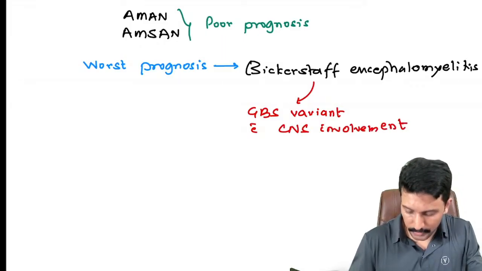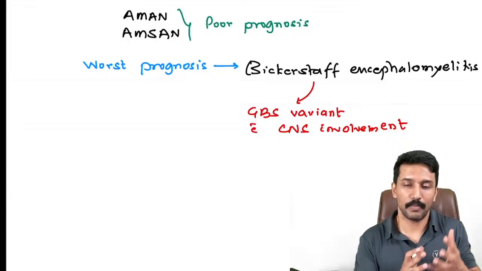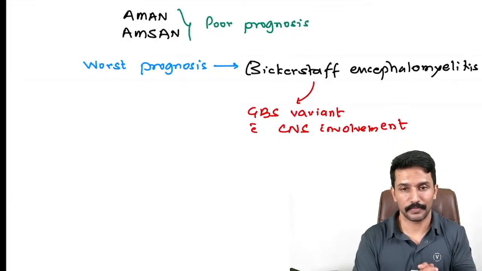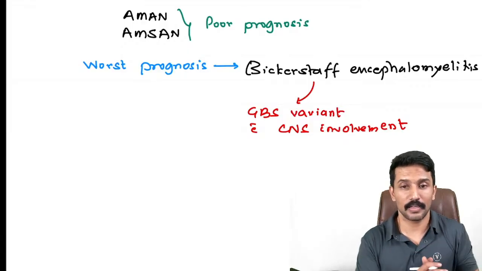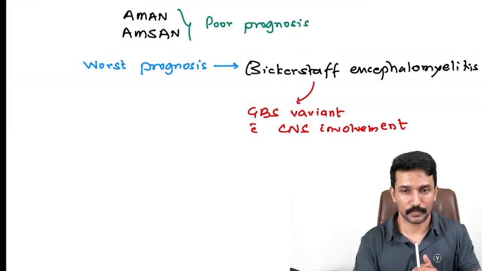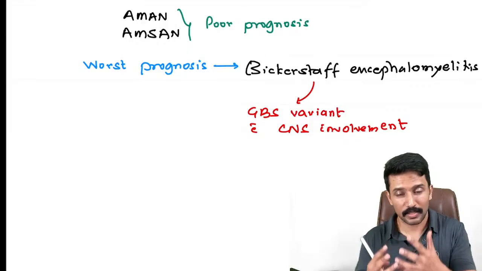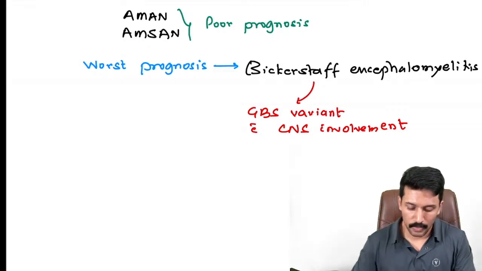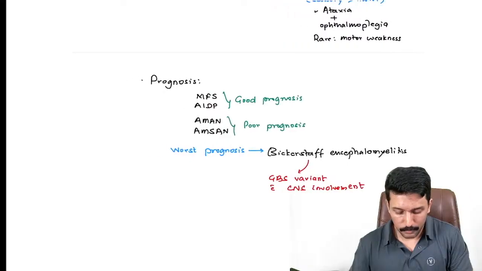There is no other GBS variant where CNS is involved: AIDP, AMAN, AMSAN or Miller-Fisher. CNS is not directly involved. The ataxia is because of the sensory nerve involvement in Miller-Fisher syndrome, right? And because CNS is affected apart from the PNS, this carries the worst prognosis. Okay, so this is about the prognosis.